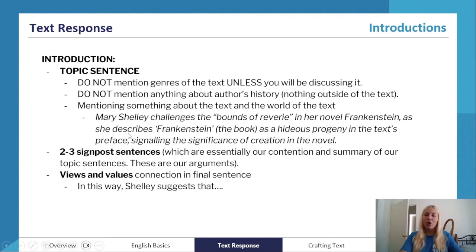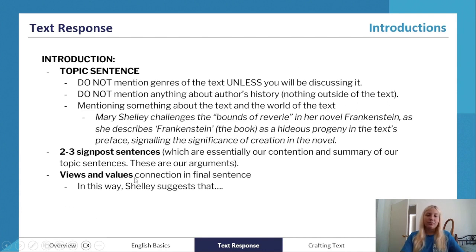So we see these broad statements are beneficial for your intros because the whole idea of an intro is you're starting really broad with the context of the text and then you're narrowing it down to tie it into the prompt when you give your contention that is directly answering the prompt. So try to create these broad statements about the world of the text in relation to your essay prompt and what it mentions and wants you to discuss.